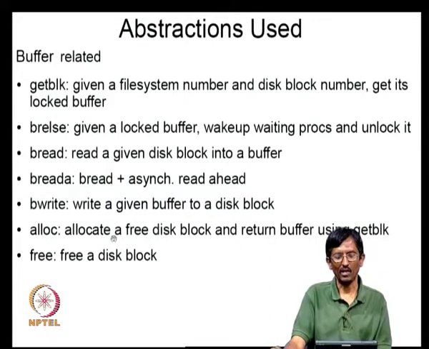And of course if you look at allocating a free disk block, what you are doing is updating your information about which blocks are free, right? And the question for us is, do you keep this information persistent, or do you keep it in memory?